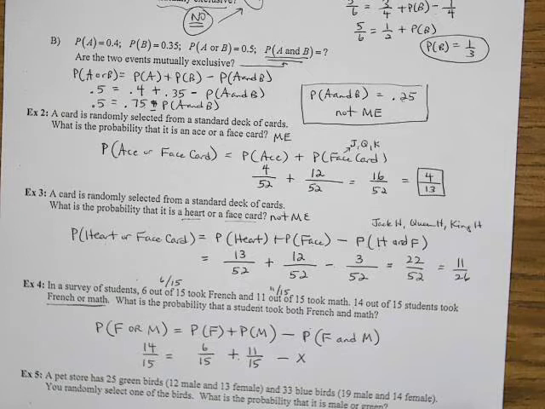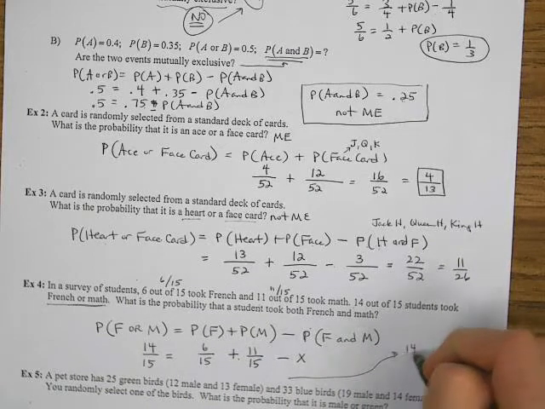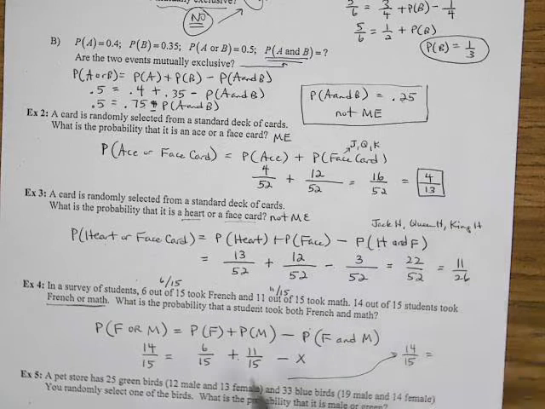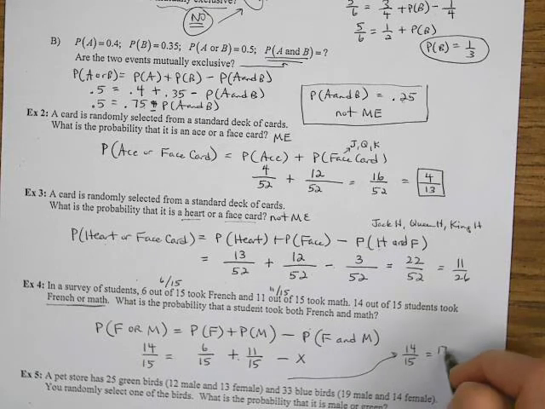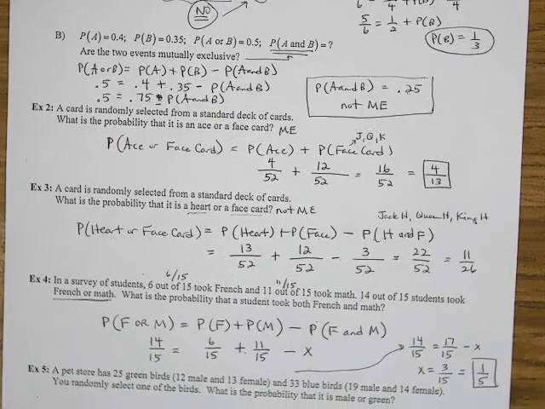So if we solve that, we'd get 14 out of 15 equals, well, 6 and 11 is 17 out of 15, minus X, and if you solve, you get X to be 3 out of 15, which is 1/5. So that would be the probability that a student took both French and math.